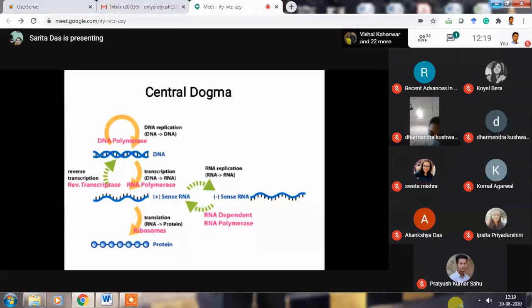All the genetic content is with the DNA double helix, but the functions are carried out by the proteins. So from DNA to protein, this is how the information is expressed in the form of proteins, which is called gene expression, which is accomplished in two steps.